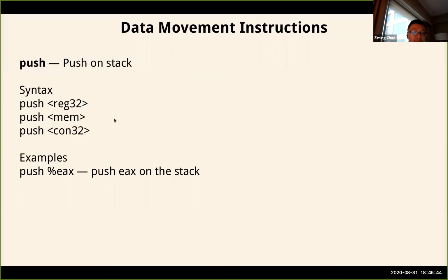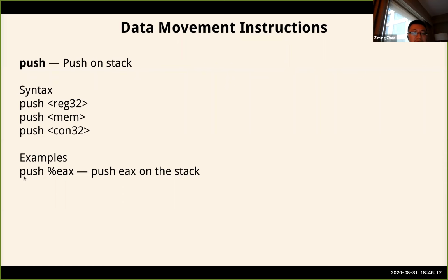And the push instruction is an instruction that we use to place things onto the top of the stack. In the Intel architecture, the push instruction will first decrement the ESP, remember, the stack pointer register, by 4. Then it places the operand into the content at that address, ESP.